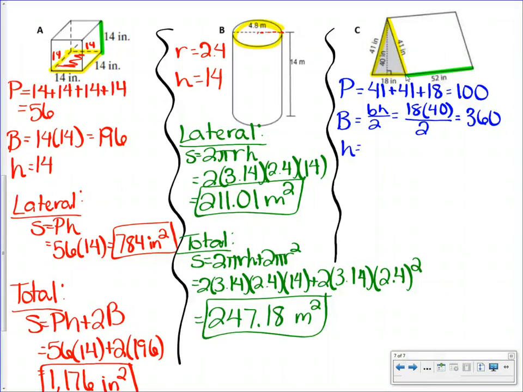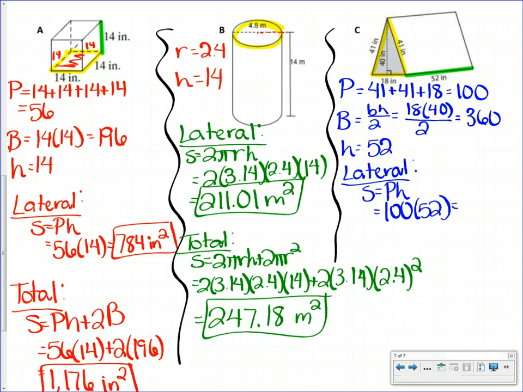So here, my height is 52. And then we're going to plug those into our formulas. So lateral, S equals PH, which is 100 times 52, which is 5,200 inches squared.